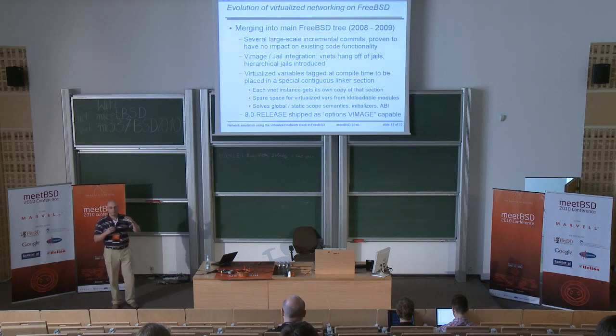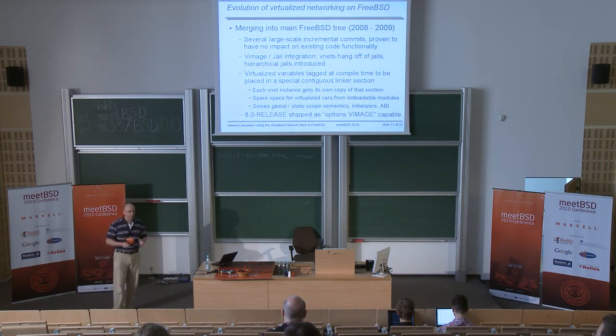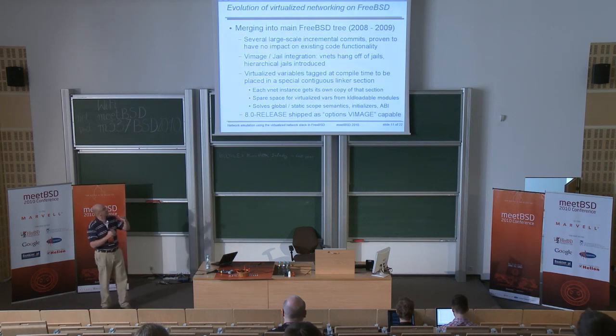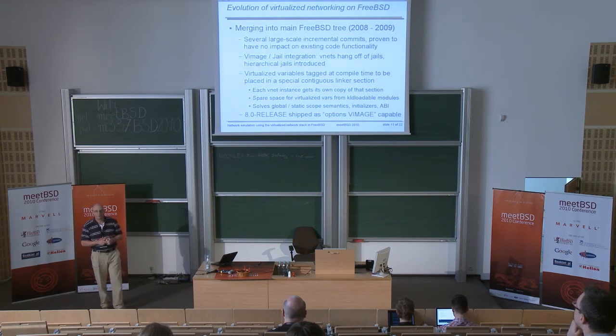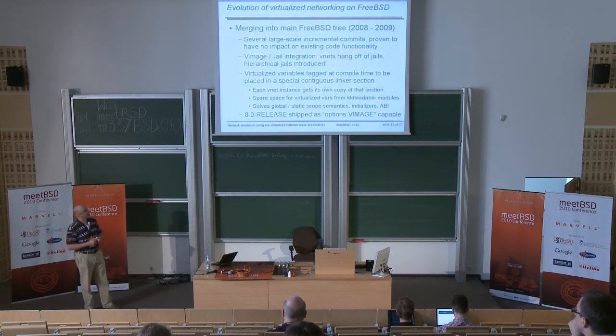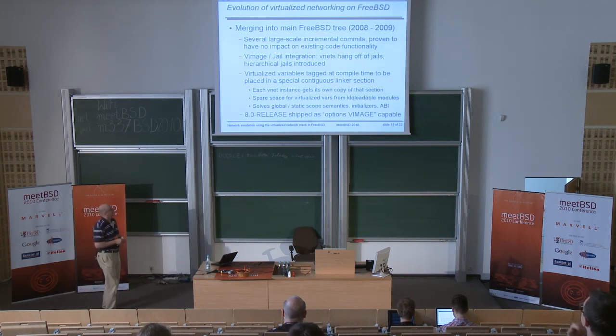So that means that those variables are no longer scattered around with, say, VM variables, TTY, and so on, but they're really in a contiguous space together with a bit of a buffer, which allows KLD loadable modules to be assigned a chunk of memory if the buffer is sufficiently big.